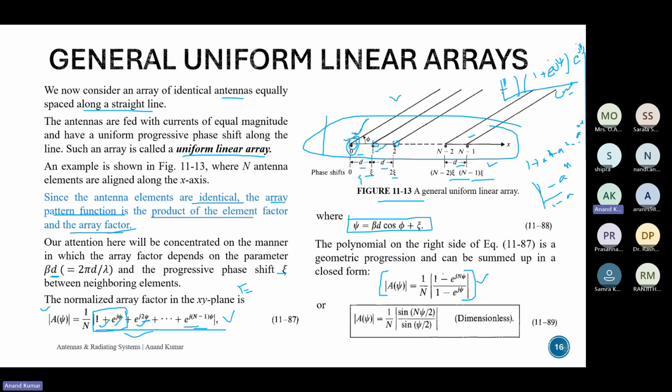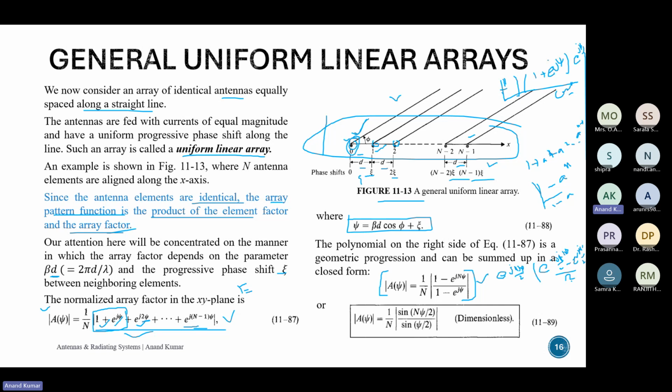Once we have this expression, for the numerator term, what we can do is take e power j n psi by 2 common, and the inside will be left with e power minus j n psi by 2 minus e power j n psi by 2.